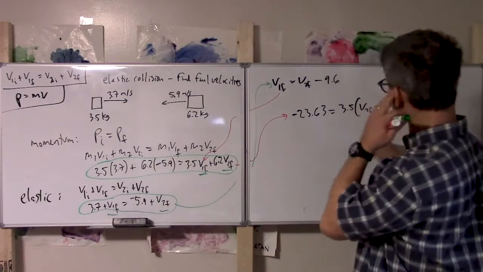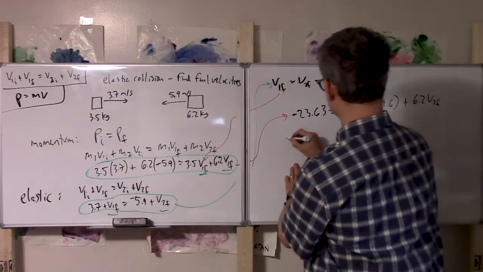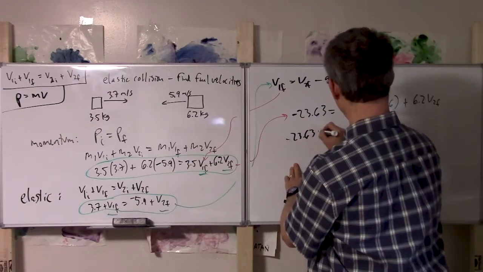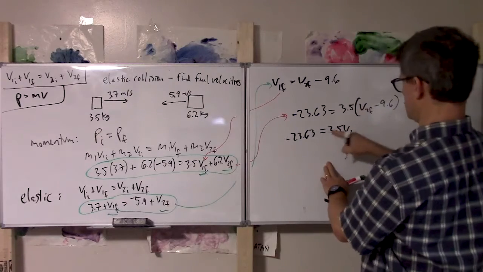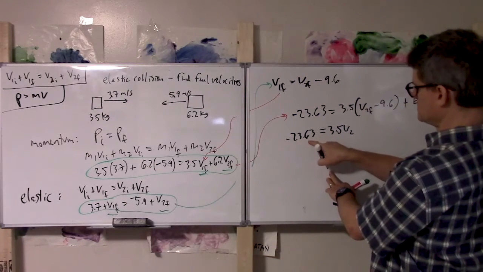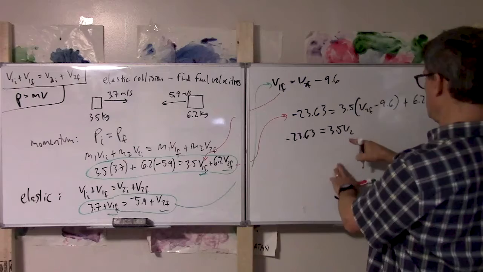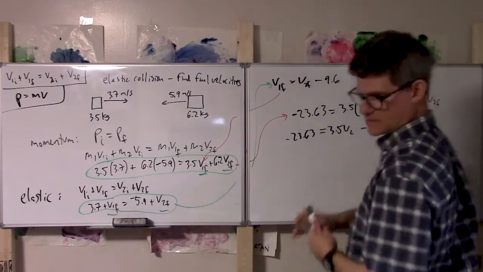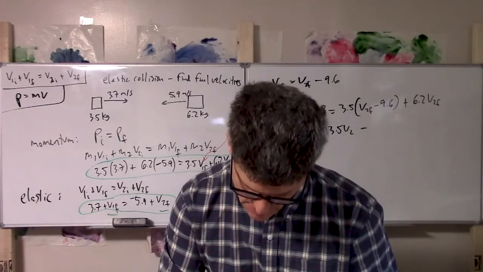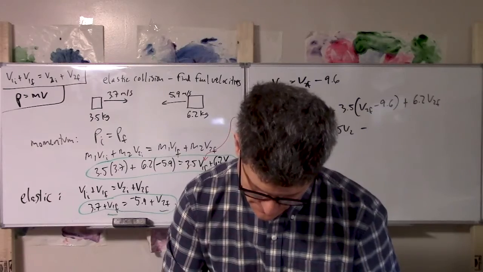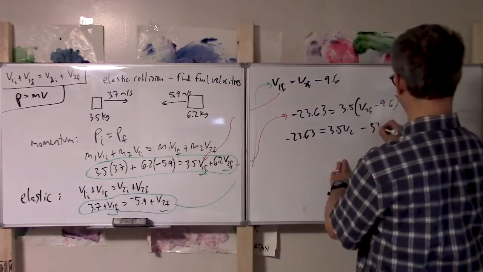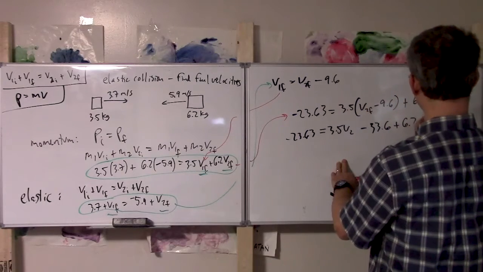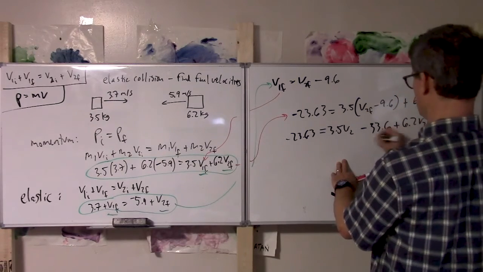All right, expand this out. Negative 23.63 equals 3.5 v2 minus 3.5 times 9.6, which is 33.6, plus 6.2 v2 final.